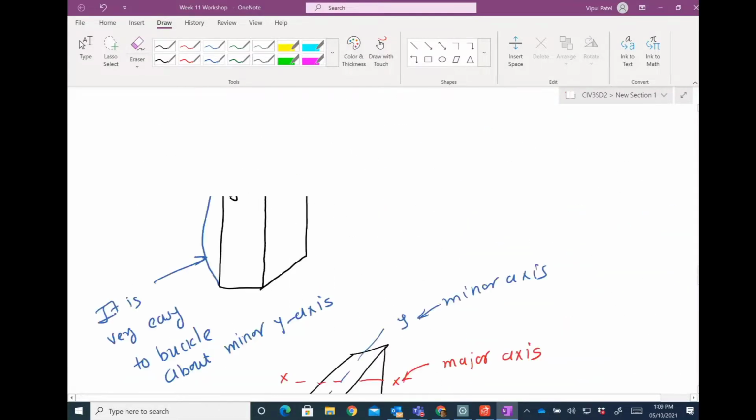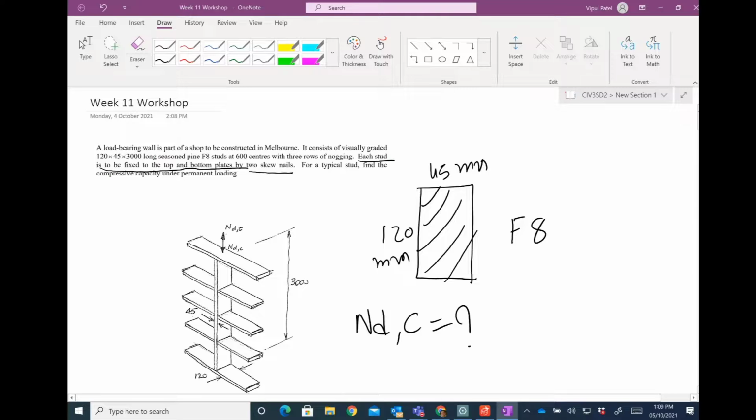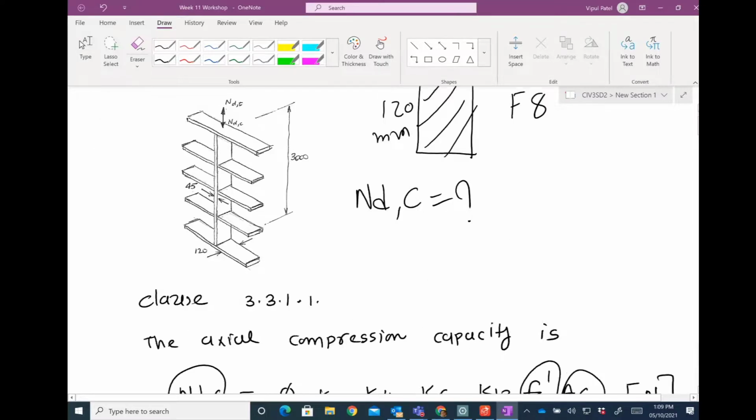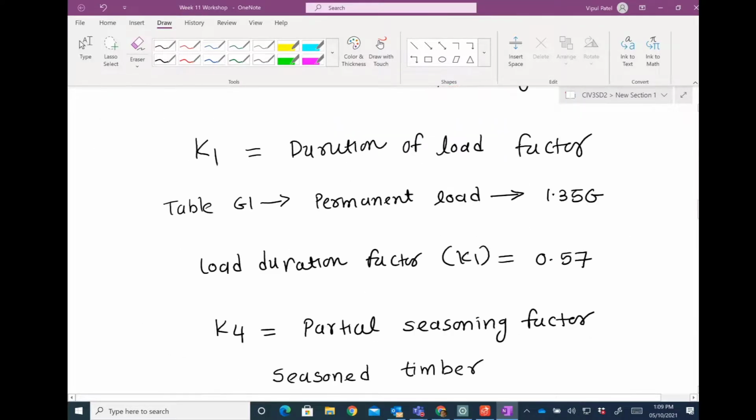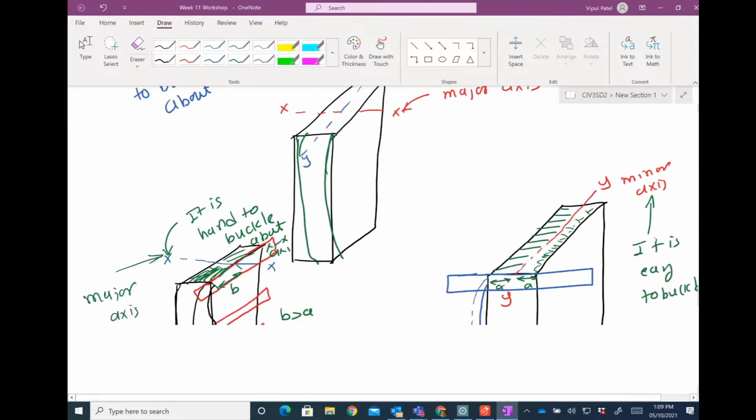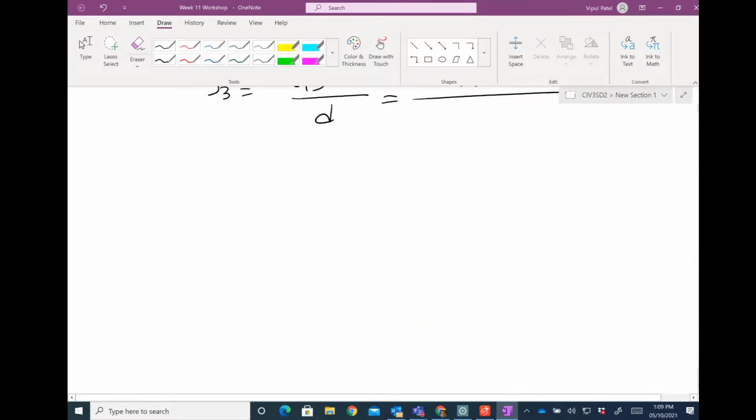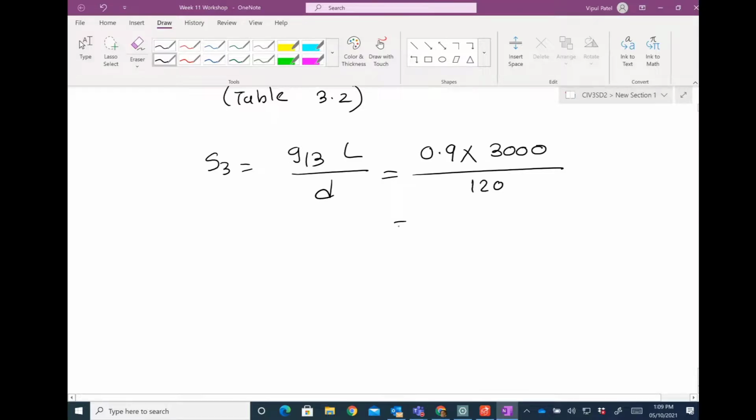Now small d is given in our example, which is 120. So you have 0.9 times 3000 divided by 120, which is equal to 22.5. So S3 is done. Now S4.